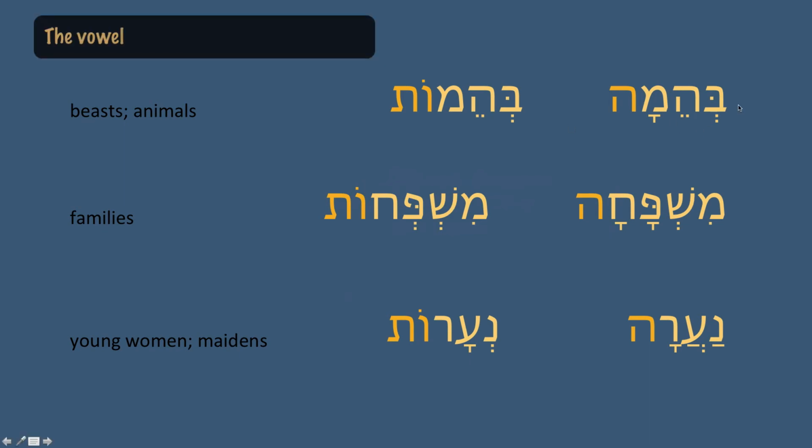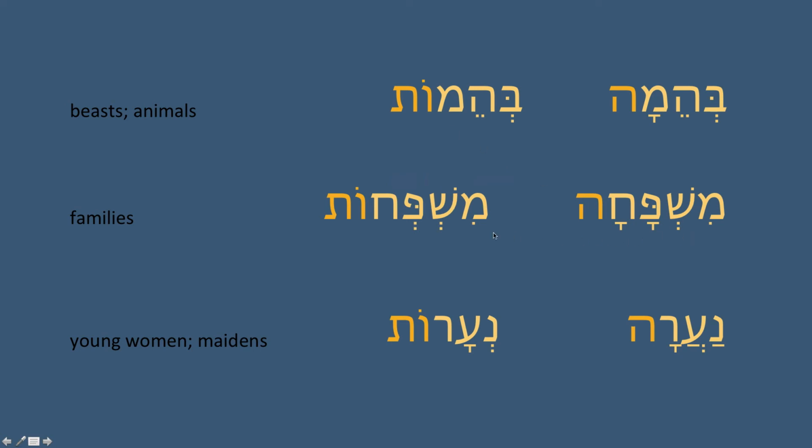Behema, which is a beast or animal, in the plural becomes behemot. Notice the ot. Mishpacha, as we saw before, becomes mishpachot. And na'ara, a young woman or a maiden, in the plural becomes ne'arot. The hey is dropped out and you see this ot.